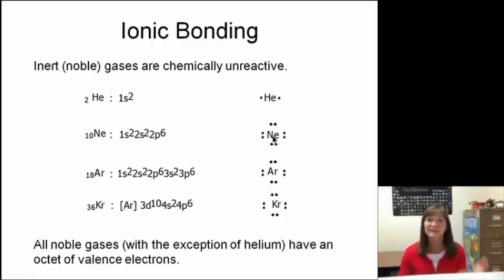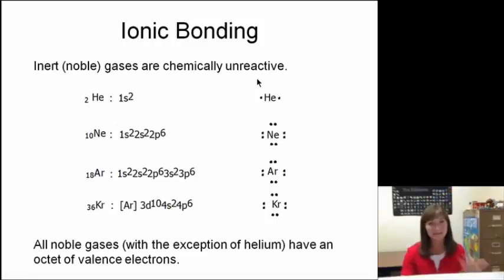And remember, you get the valence electrons from the group number. Well, the group number for the noble gases is the 8A family. So all of the noble gases have 8 valence electrons, with the exception of helium. Helium only has 2 valence electrons. Okay, so that is worth knowing.